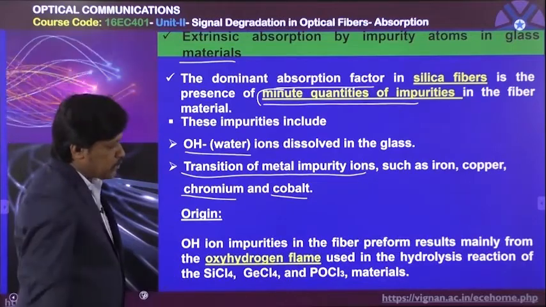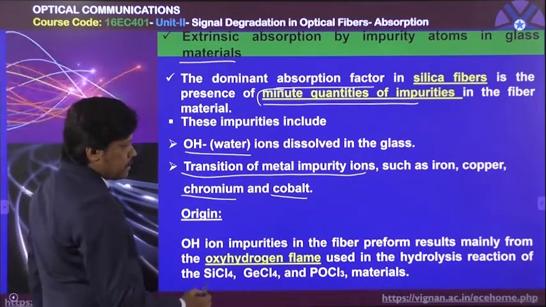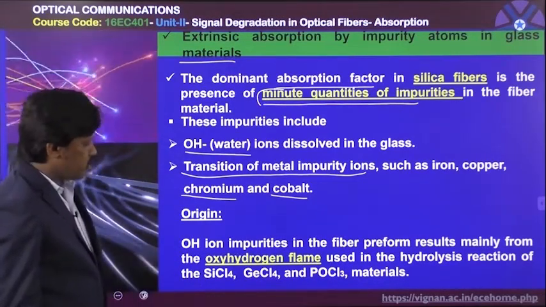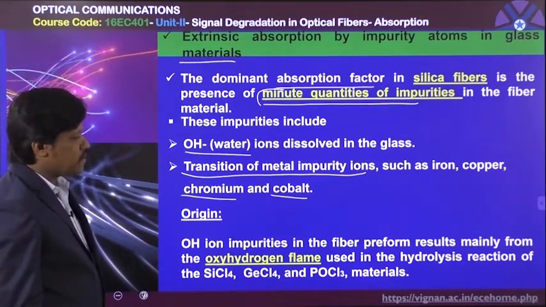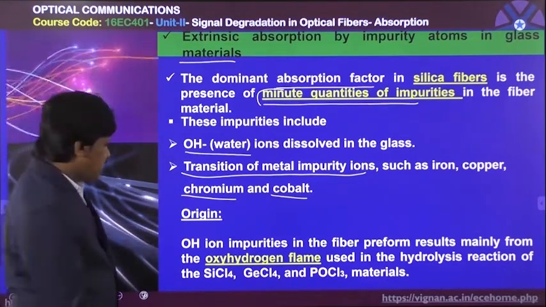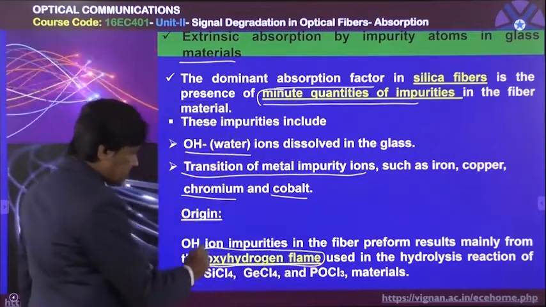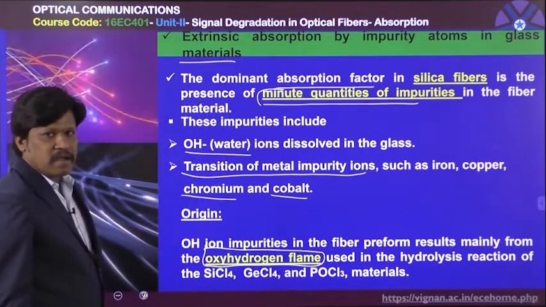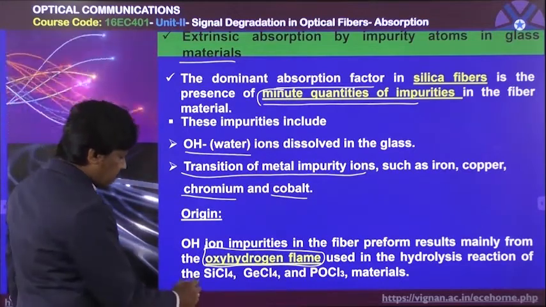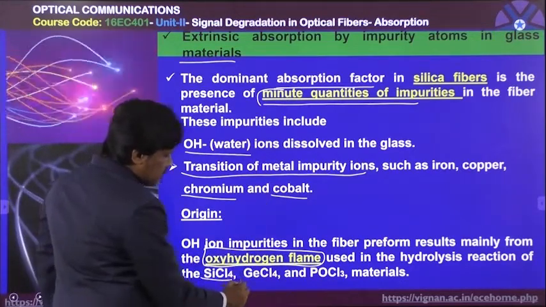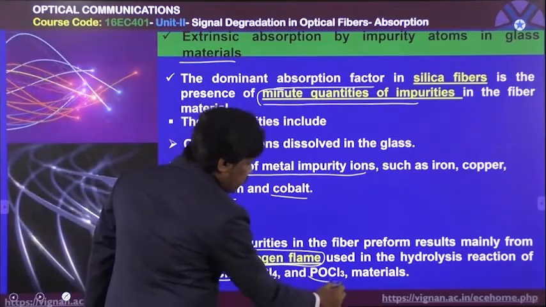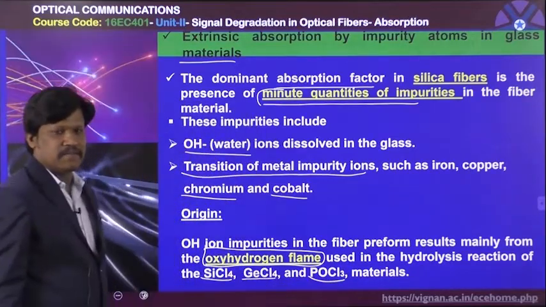OH ion impurities in the fiber preform result mainly from the oxyhydrogen flame used in the hydrolysis reaction of the SiCl4, GeCl4 and POCl3 materials.